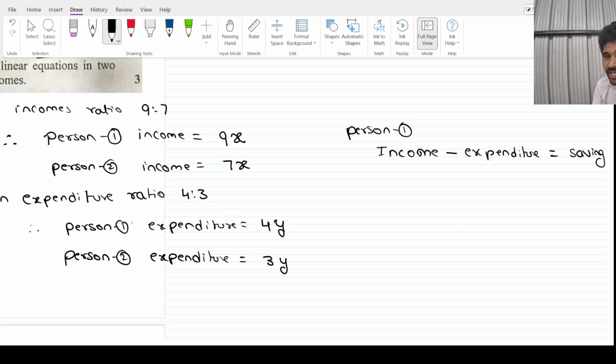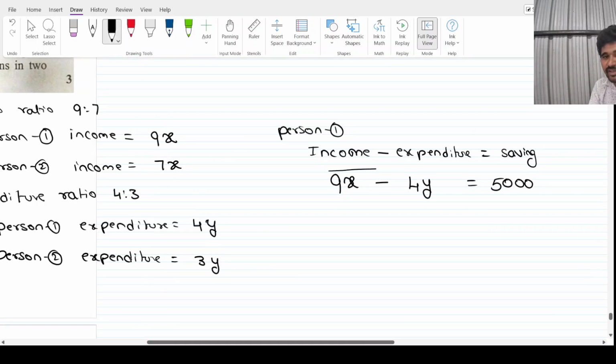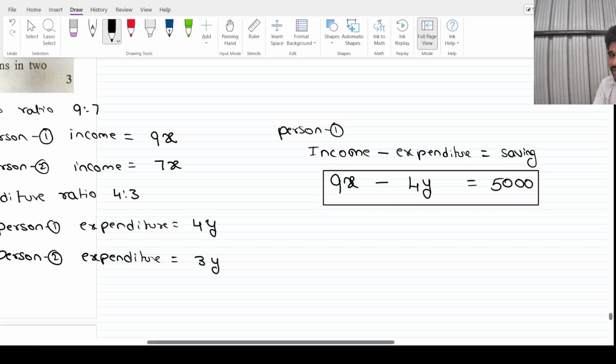So what is his income? 9x. What is his expenditure? 4y. How much is that? 5,000. This is one of the equations. Am I correct or not? Easy question, right? Equation number 1.